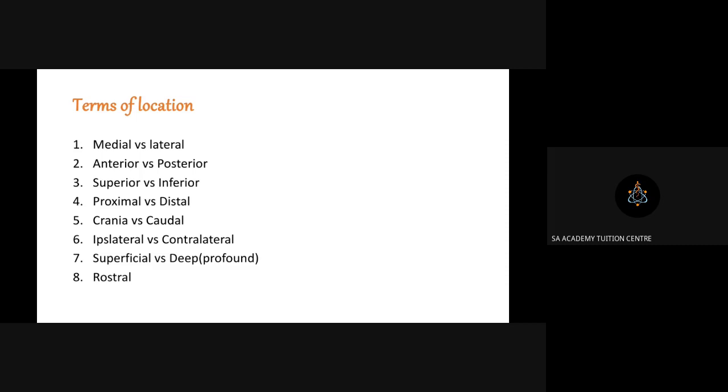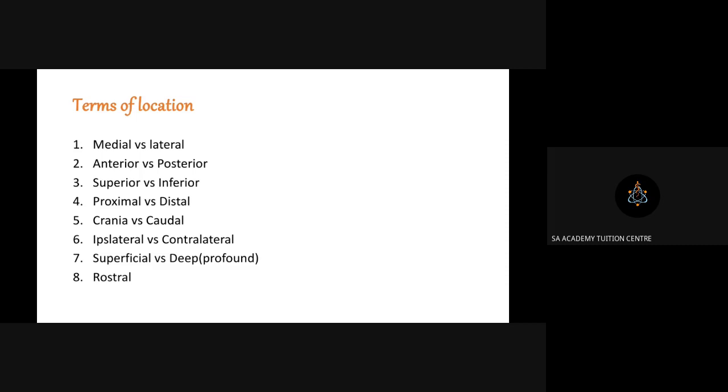If one structure is closer than the other, then it's medial. If one structure is further than the other from the median sagittal plane, then it's lateral. These terms are used when the human body is in its anatomical position.